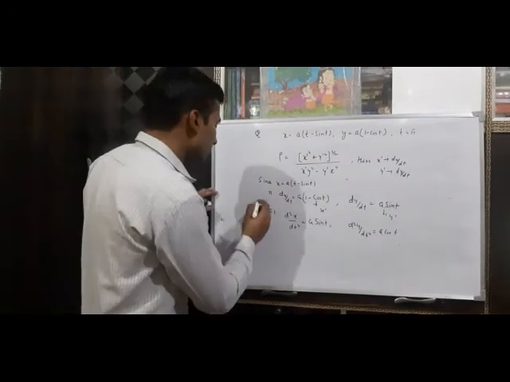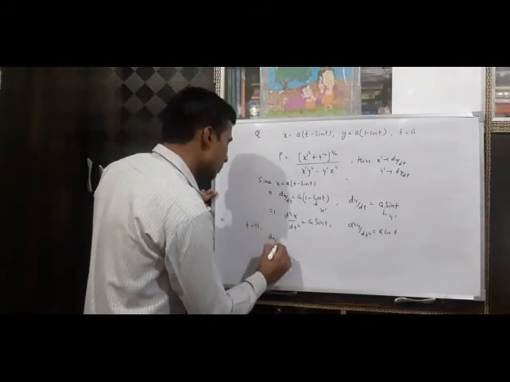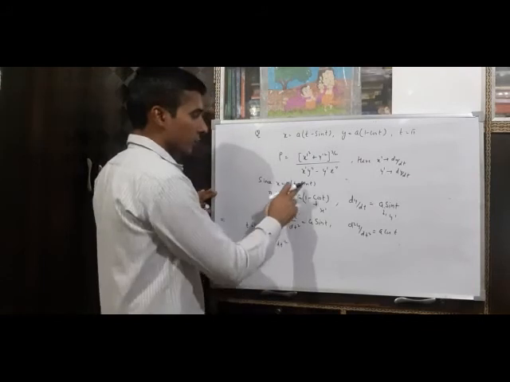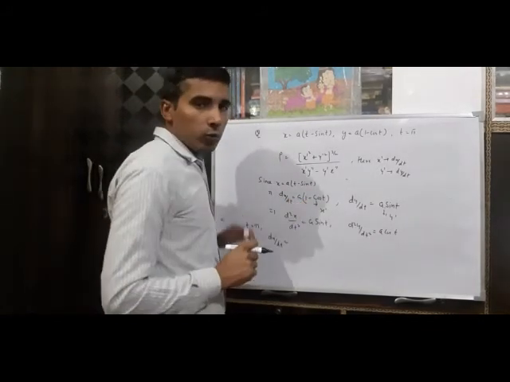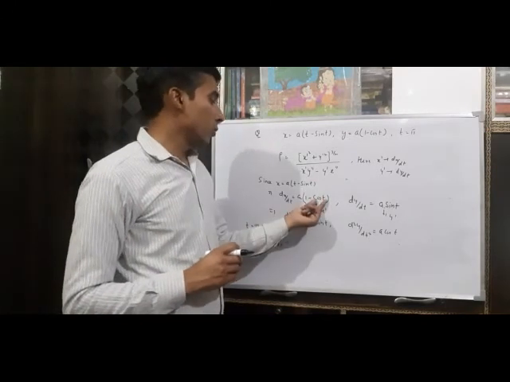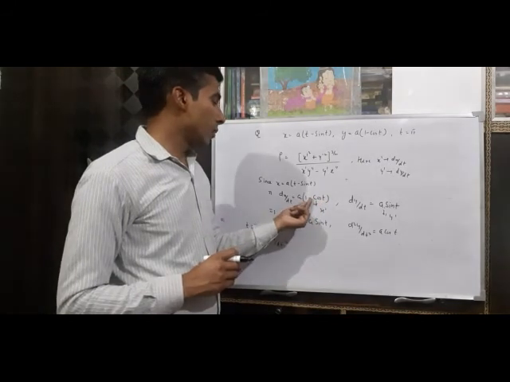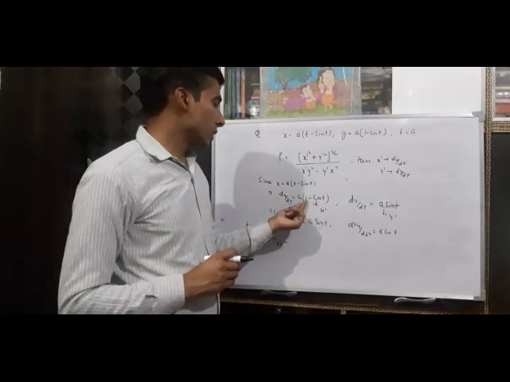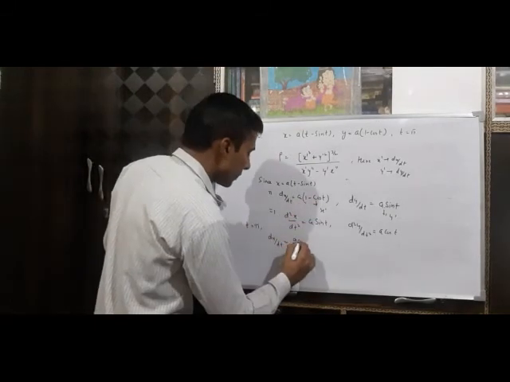So when we put t equal to pi, what is the value of dx/dt? The value of cos pi is minus 1, and minus minus is plus 1, so it becomes 2a.